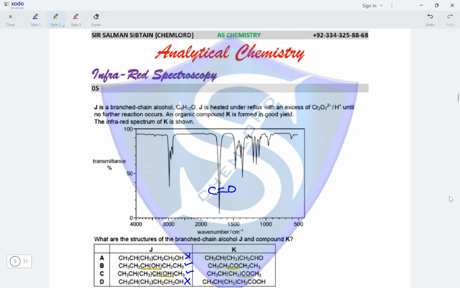Okay, so let's make the structures to identify which one of them is incorrect.